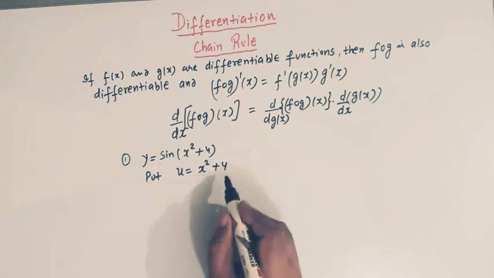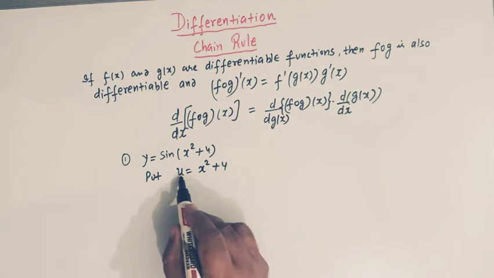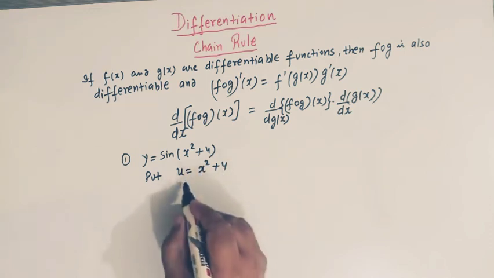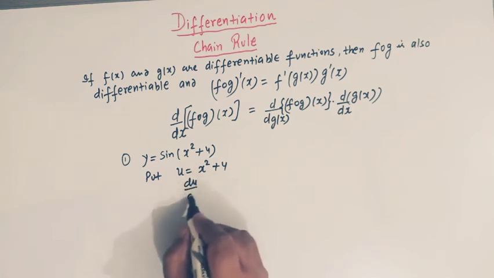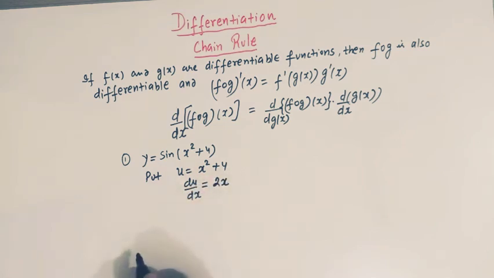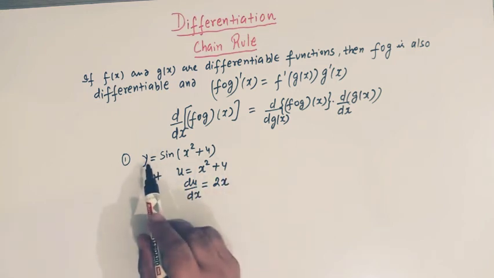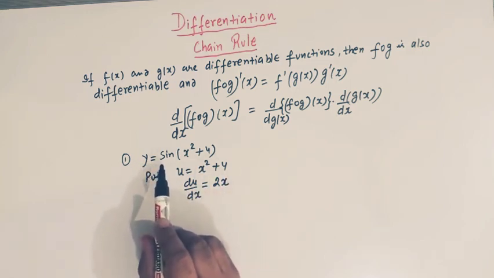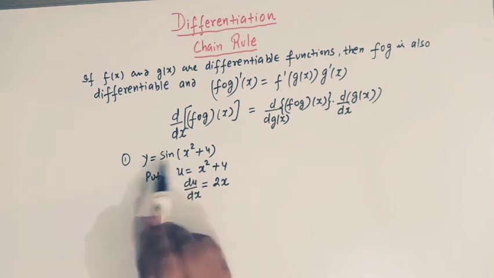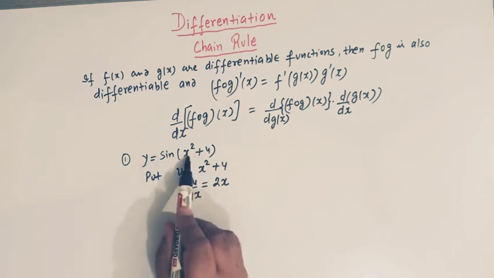Now we'll differentiate this function u, which is a function of x. So the derivative of u with respect to x is equal to 2x, and now we have to find the derivative of y with respect to x.